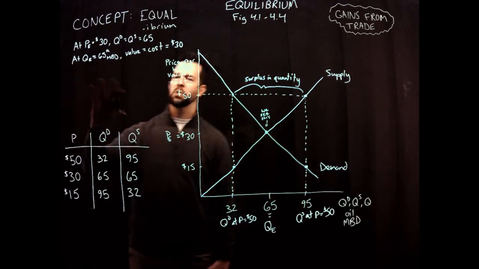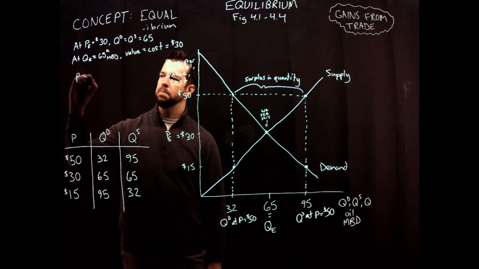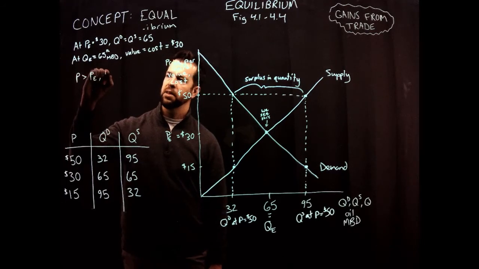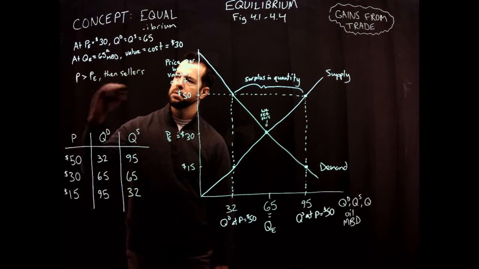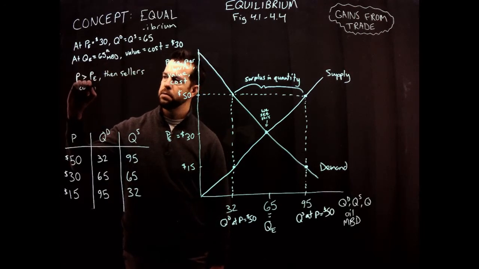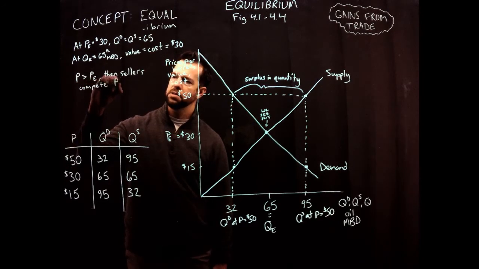If the price is above the equilibrium price, then sellers compete and the price goes down.